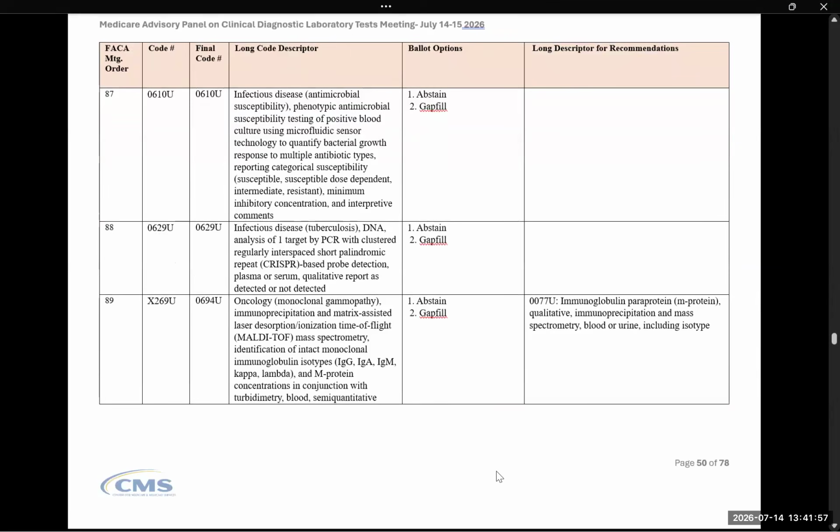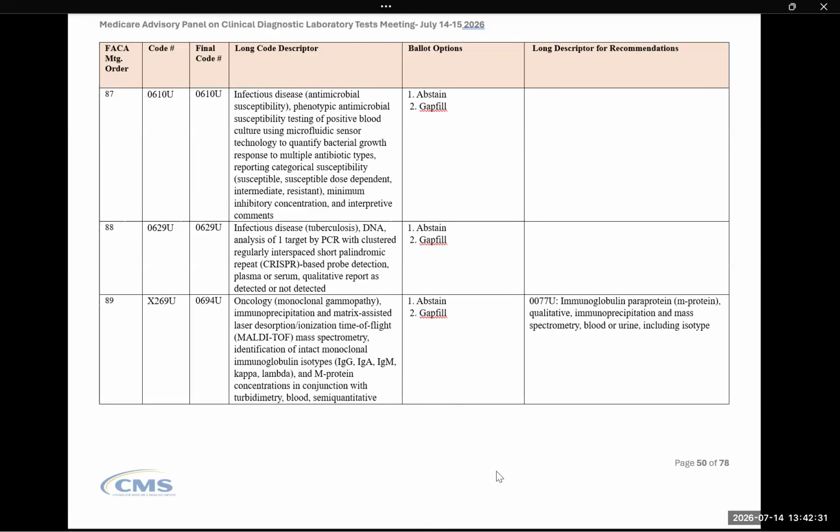0610U is an assay that is performed on positive blood culture. So it's an add-on to a blood culture that looks at phenotypic antimicrobial susceptibility testing on those positive blood cultures. It uses a microfluidic sensor technology, so it is different than the only other phenotypic positive blood culture code that is in the CLFS, and that would be the one for the Accelerate assay.